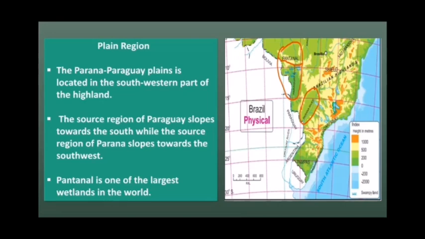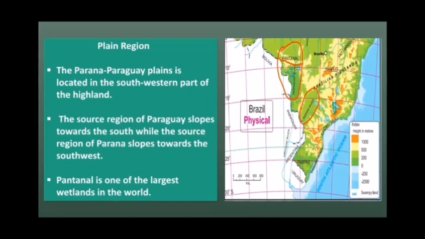Pantanal is one of the largest wetlands. Now, what is a wetland, children? You all know daldal in Hindi? In the same way, Pantanal is the largest wetland in the world. It lies towards the southwest part of the highlands. It is a region of swamps and marshes. You all might have heard these two words, right? It is where the mud is there and it is very watery and you cannot stand on that place.